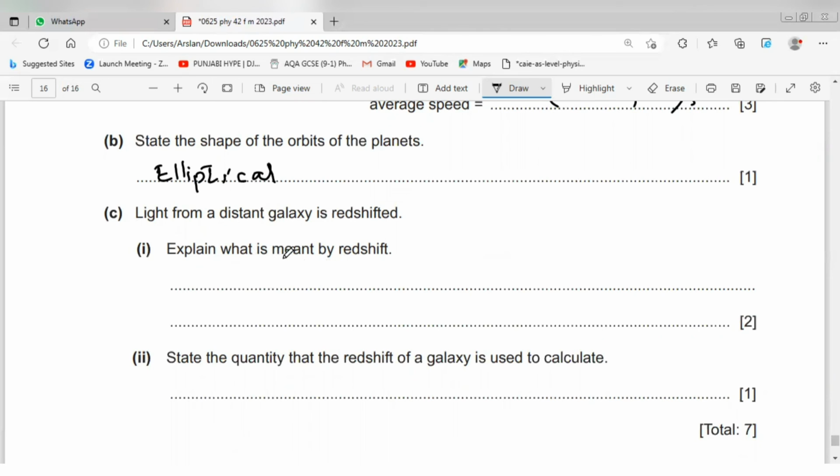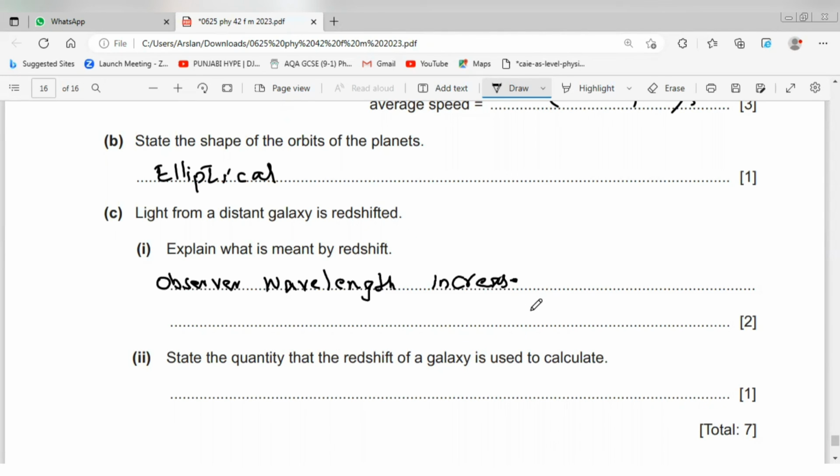If you study the Doppler effect, when a thing moves away from you, you will see it as red, and when a light or anything comes toward you, you will see it as blue. So according to the observer, the wavelength increases. When the wavelength increases, of course the frequency decreases.